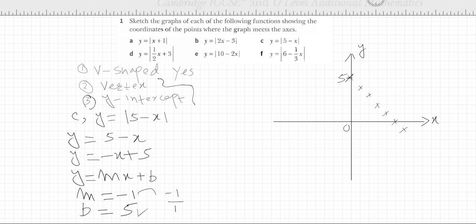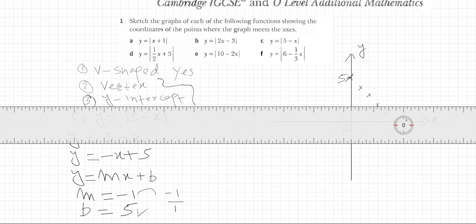Now join all points and the line must cross the y-intercept. Y-intercept is very important.